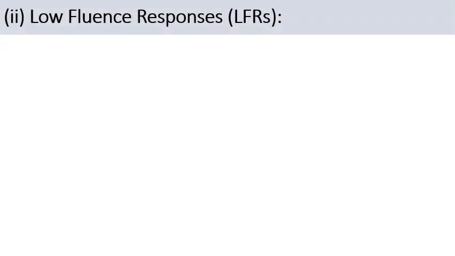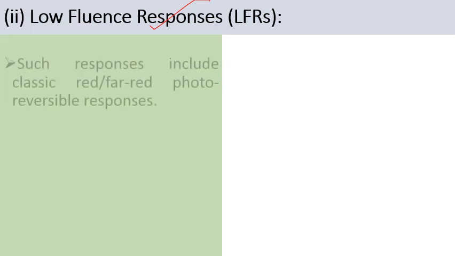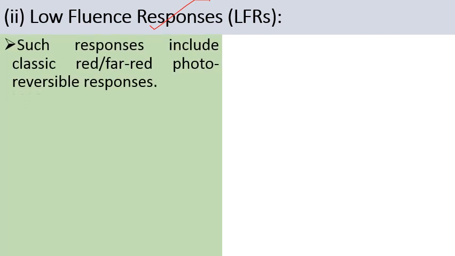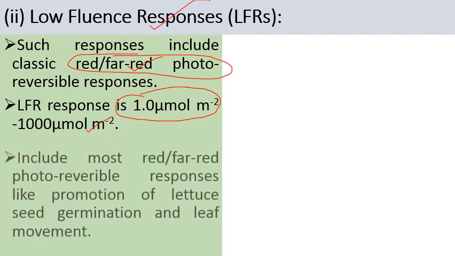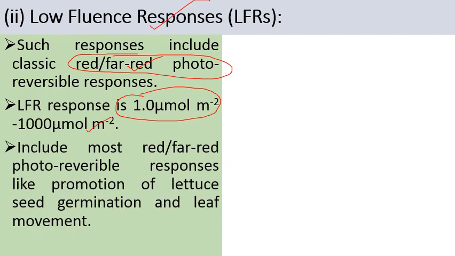Next comes low fluence responses. So such responses include classic red and far red photoreversible responses. So ये जो responses हैं ये red और far red photoreversible responses हैं. Here low fluence responses range from 1.0 micromole per meter square to 1000 micromole per meter square. So this is the amount of light required to induce this response.